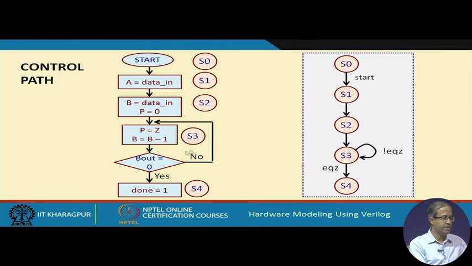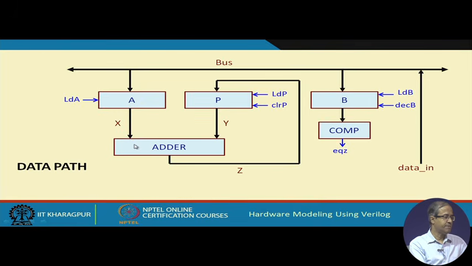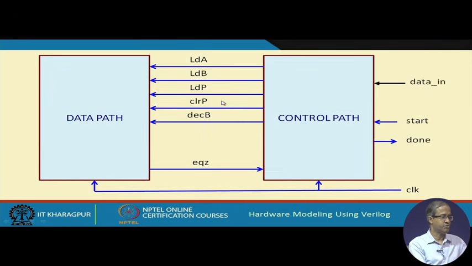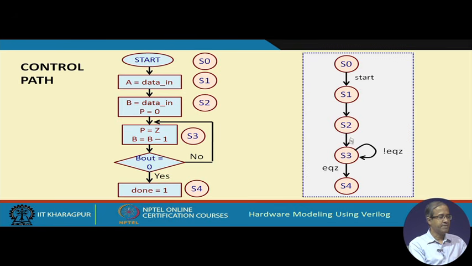At every clock, P equal to Z means what? A plus P is Z. We are just adding, storing in P. Next time again adding A, storing in P. Again adding, storing in P. This goes on, and as soon as equal to Z is active, I go to S4 and stop, right.